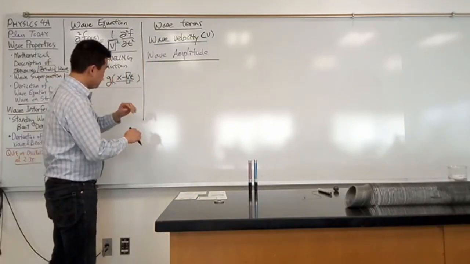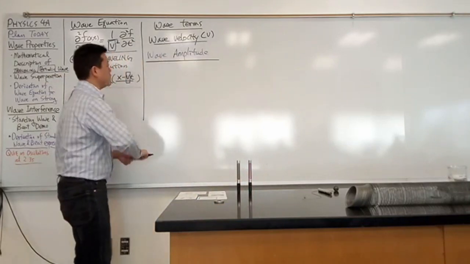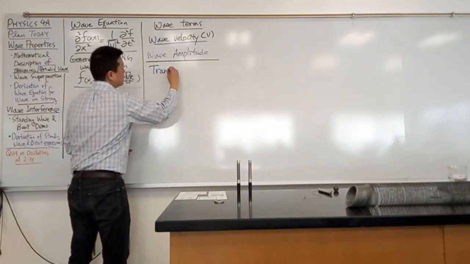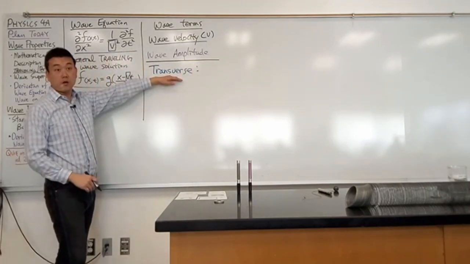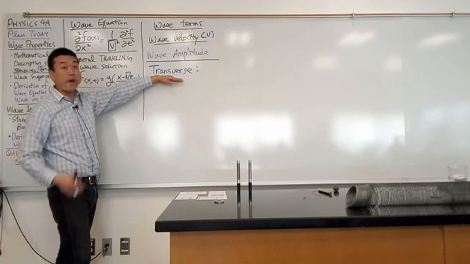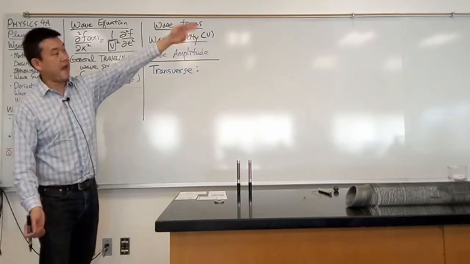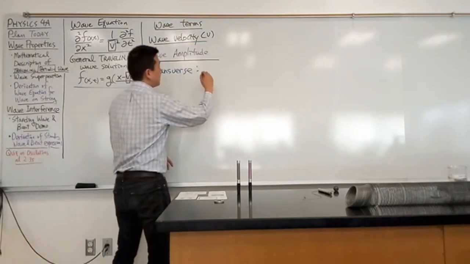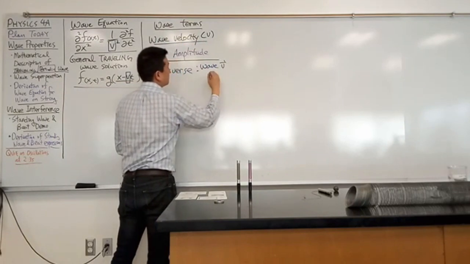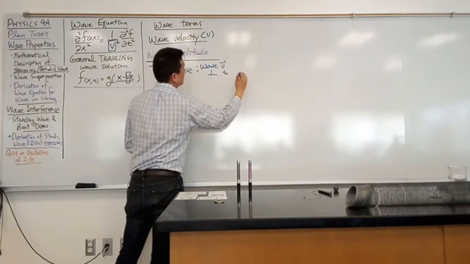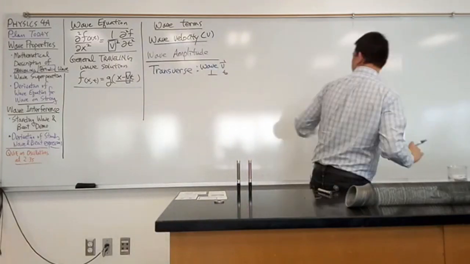If you hear the word transverse, it's referring to that particular aspect of a wave property. When someone describes a wave as a transverse wave, they are saying that wave velocity is perpendicular to... I think I actually have to spell this out, sorry.